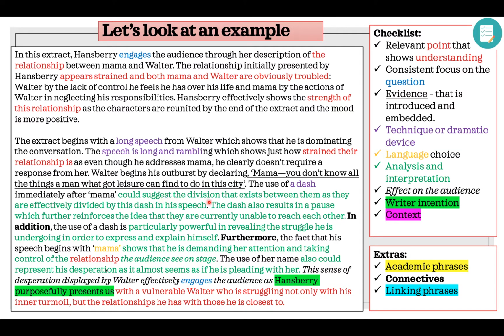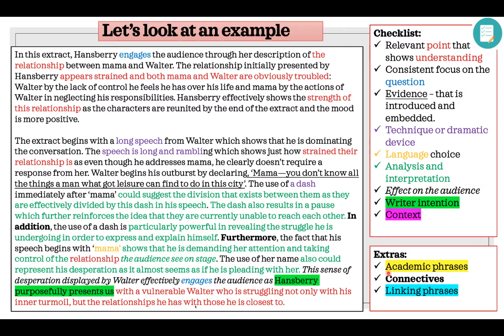It could suggest the division that exists between them as they're effectively divided by the dash in this speech. The dash also results in a pause. So notice I'm already on my second piece of analysis. It suggests a division, but it can also reinforce the idea that they're currently unable to reach each other. So I'm offering multiple interpretations here.